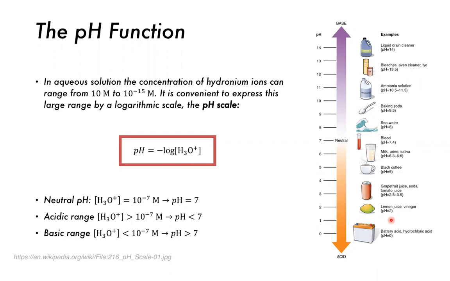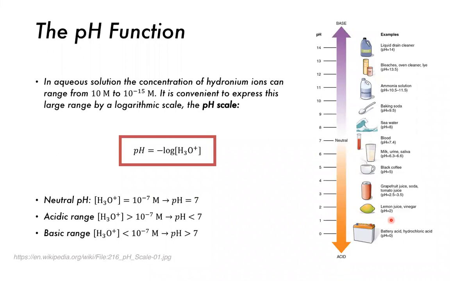So instead of working with 10 to the minus 15, we work with 14, 13, 12, and so on. In aqueous solution, the concentration of hydronium ions can range from 10 molar to 10 to the minus 15 molar. It is convenient then to express this large range by the logarithmic scale, the pH scale.